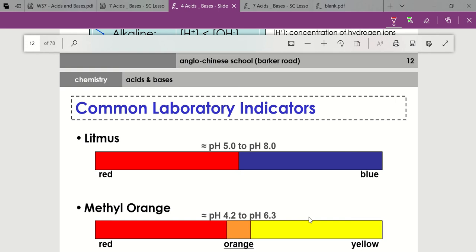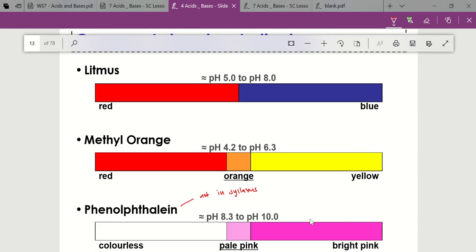So actually, in terms of the color changes, I don't think I need to go through with you again because litmus, you have it as red and blue. There's only two colors. It can only tell you whether is it acidic or alkaline or basic rather. Right? It cannot tell you what's the exact value of it.